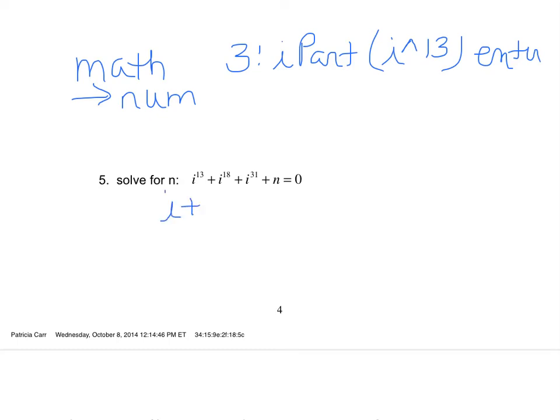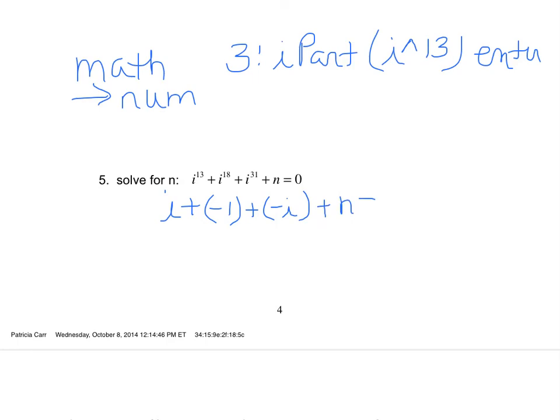Now you're going to want to do that to i to the 18th power. So go ahead and do that. Hopefully you achieved a negative 1. Plus, you want to do the same thing again now to i to the 31st power. And hopefully you achieved a negative i.